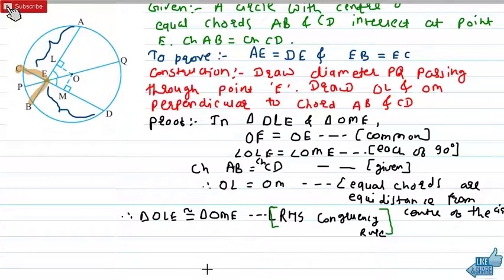Why did we show these two triangles are congruent? Because we want, therefore LE is equal to ME, and the reason is CPCT, corresponding parts of congruent triangles. Now this first part is finished.